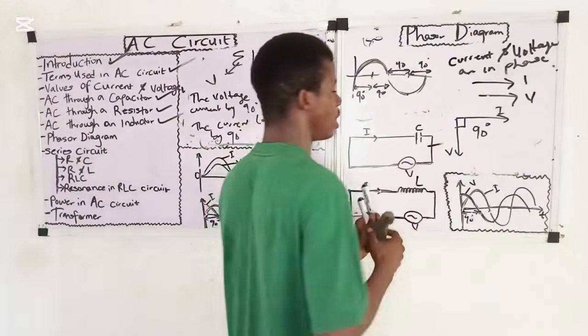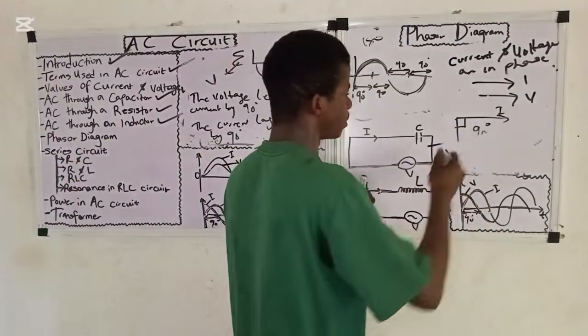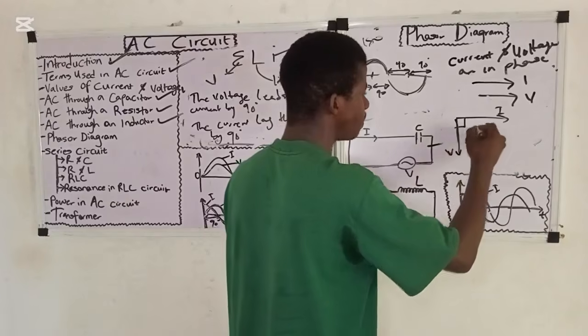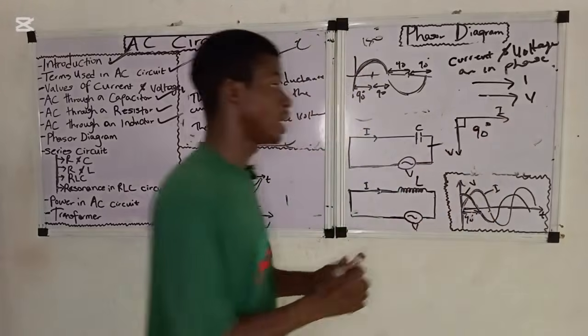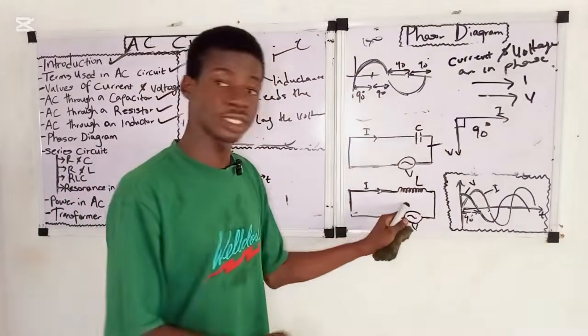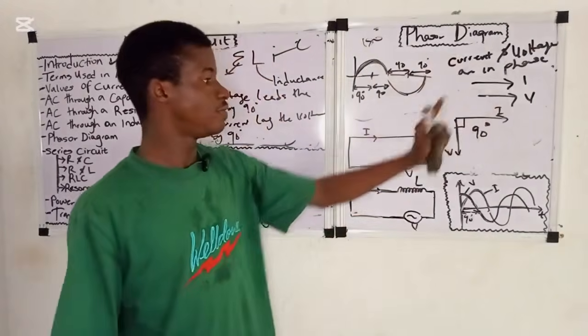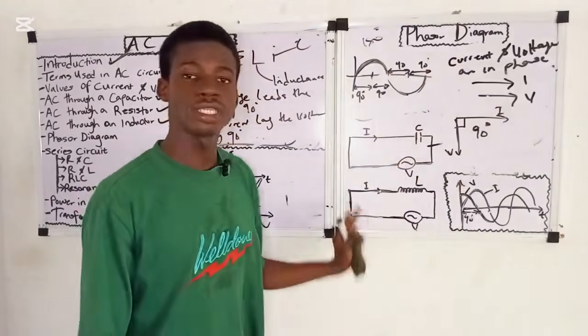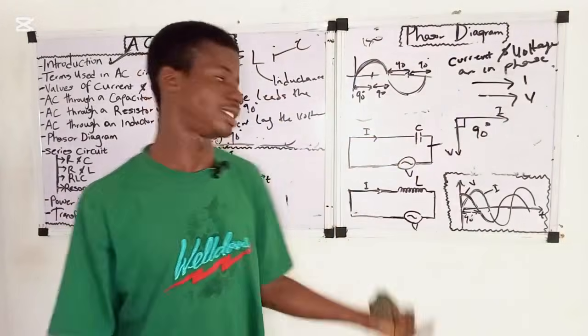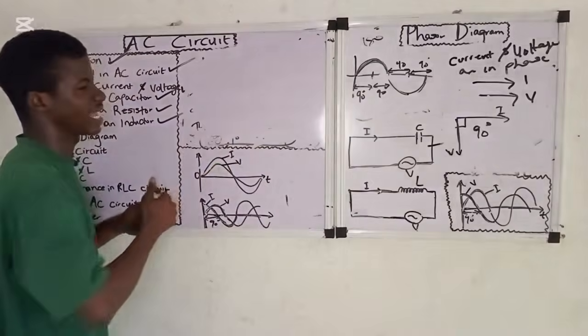Now let me give you guys the graph. Remember that a purely capacitive circuit is the opposite of a purely inductive circuit. In capacitive, current leads the voltage by 90 degrees, but in inductive, voltage leads the current by 90 degrees.